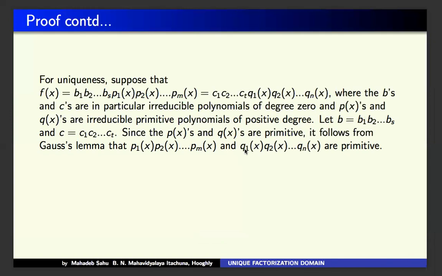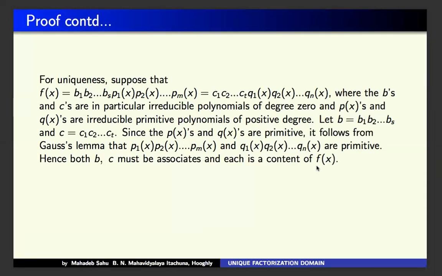In the previous discussion on unique factorization domains, I discussed that in the Gauss lemma, the product of primitive polynomials becomes again a primitive polynomial. So P1(x) P2(x) up to Pm(x) is also primitive, and Q1(x) Q2(x) up to Qn(x) is also primitive.